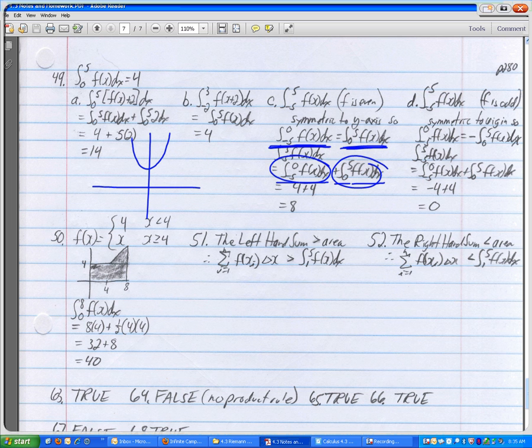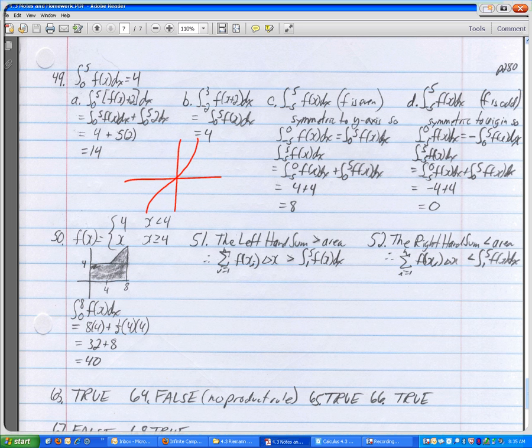Okay. And then for D, we need to remember that the odd function is symmetric to the origin. That would be more like this. Okay? And so if I have a region from -5 to 5 again, look what's going to happen.